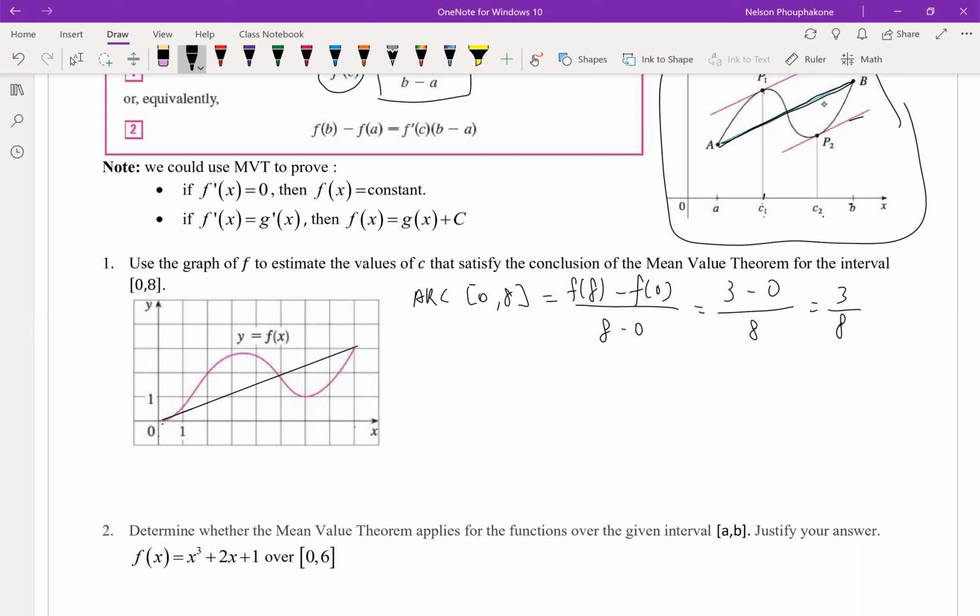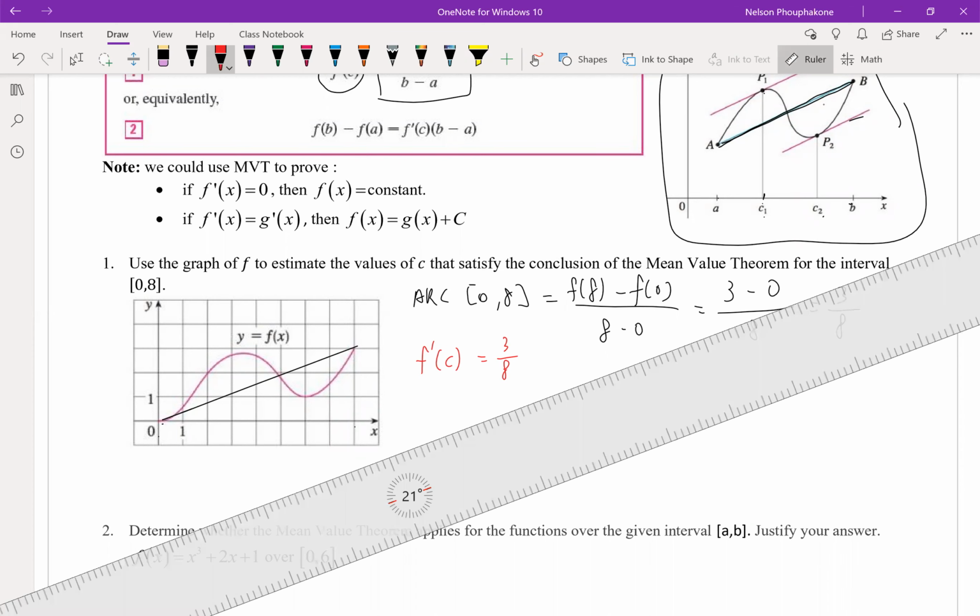Now what I would like to do is find f'(c) equal to 3/8.